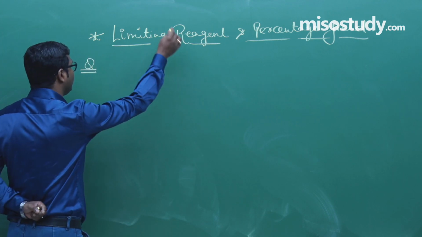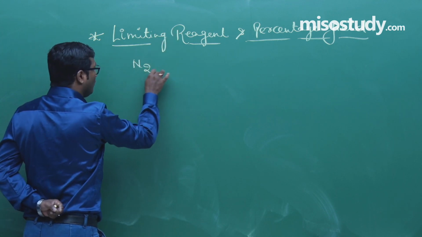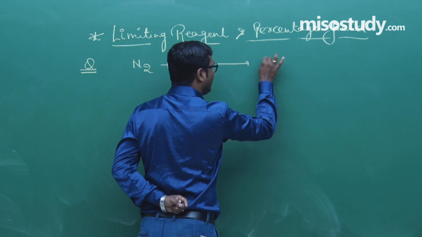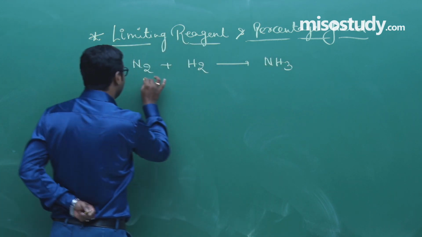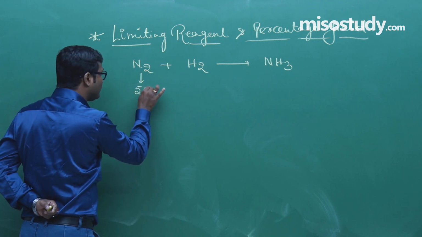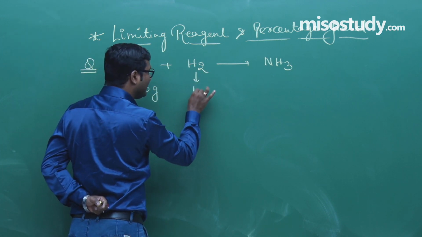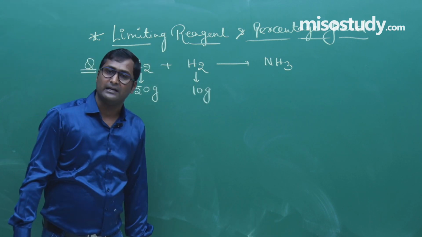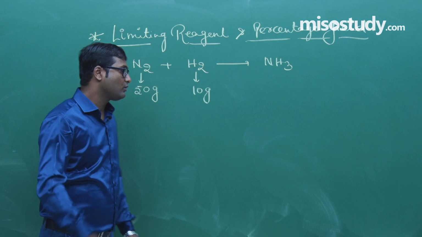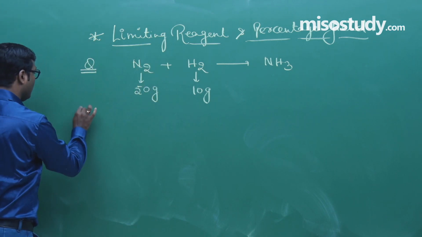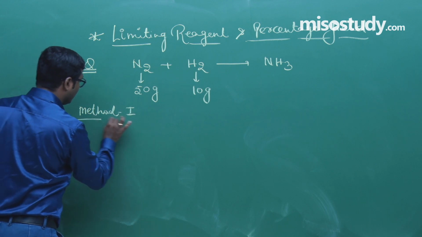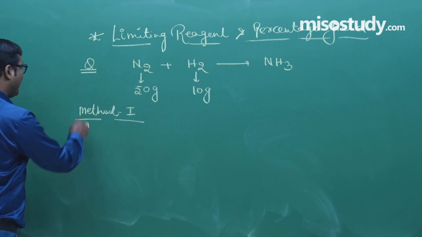Now look, here is given N2. When nitrogen and hydrogen combine, they give ammonia. If I have 50 gram of nitrogen and 10 gram of hydrogen, tell me which one is the limiting reagent. Clear? That is the question. First of all, method 1.